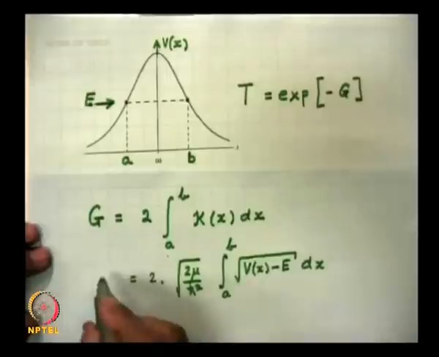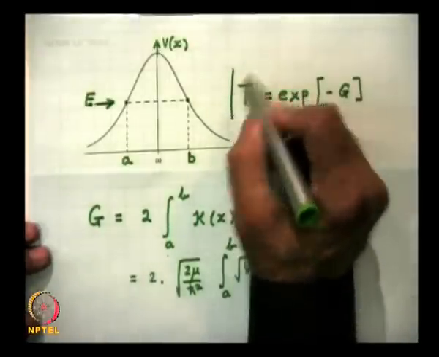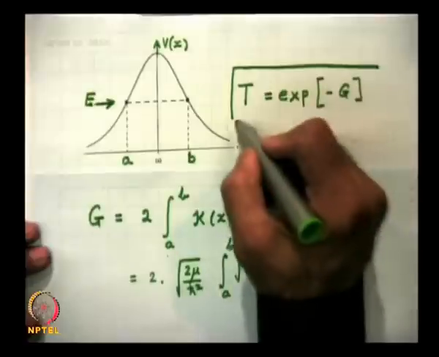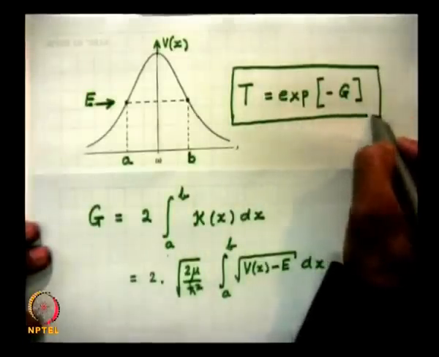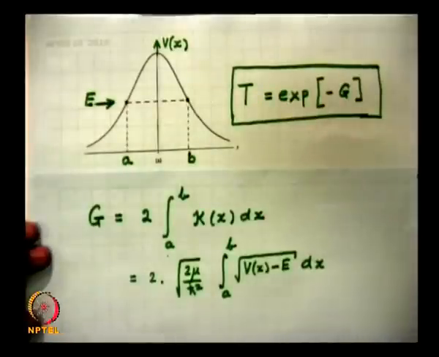This is a very important result for the tunneling probability. We will discuss only 2-3 applications of this in our lectures, but this is a formula which is extensively used at many places.